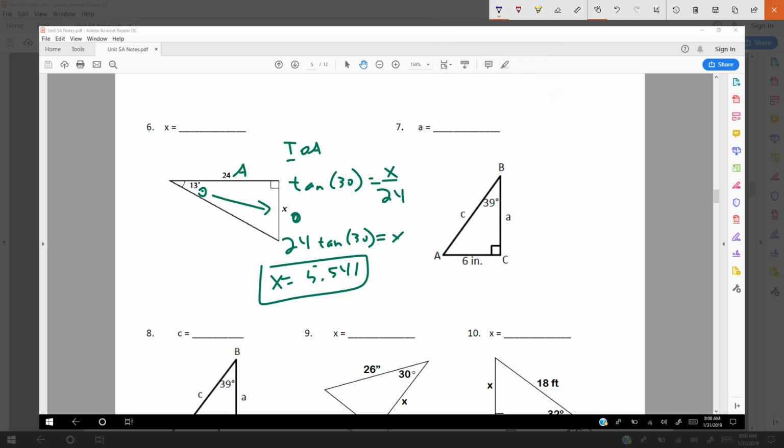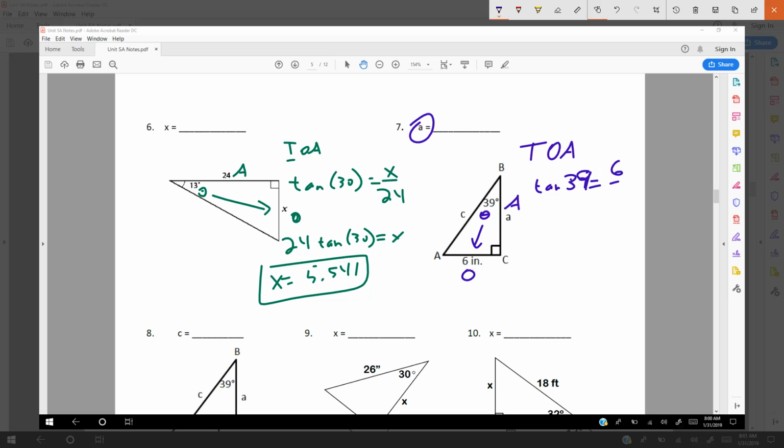The next one. Here's my camera. They want to know A. They're asking for A. Well, A is the adjacent side, and the one they give me is the opposite side. So that's adjacent and opposite. Again, that's tangent, TOA. So we're going to go the tangent of 39 equals opposite over adjacent.